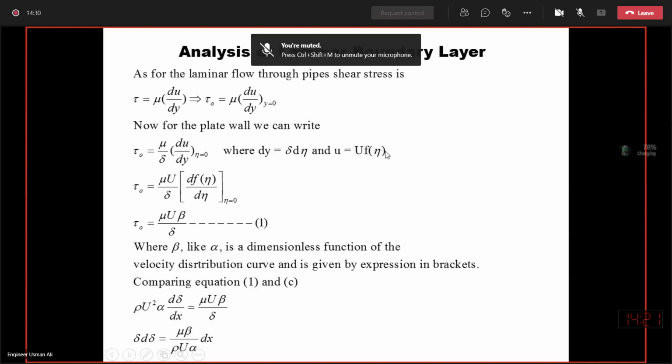If you put this information in this equation, we can write tau naught is mu U over del, d function of eta over d eta, where eta is approaching 0, because when y is approaching 0, eta, being y over del, will also approach 0.